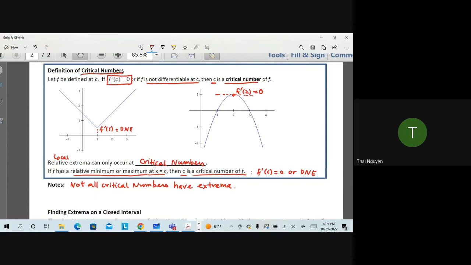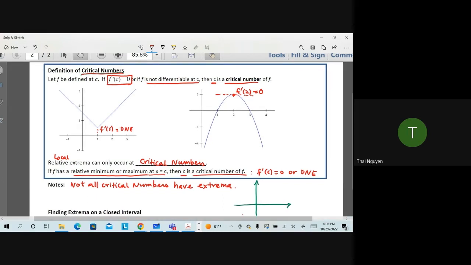So for example, you're going to see the function x cubed that I draw here. If you take the derivative, it is 3x squared. So therefore f prime of 0 equals 0. Okay, and that's a critical point. x equals 0 is a critical point, but it is not a minimum nor a maximum.